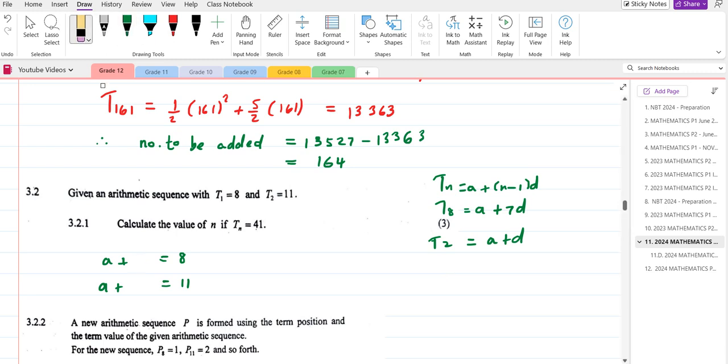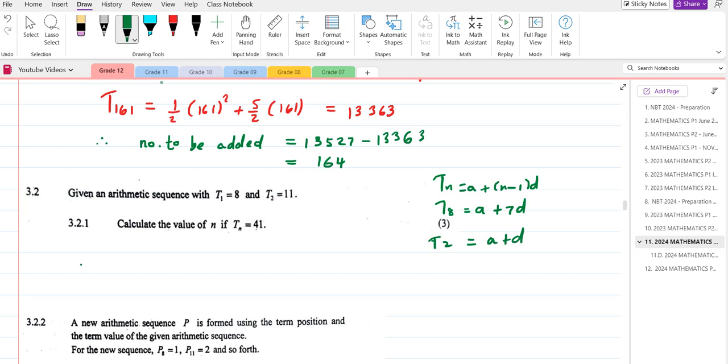Wait, why am I writing this? Term 1 is 8 and term 2 is 11.